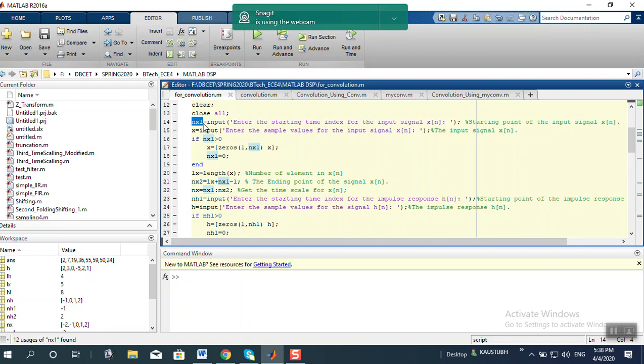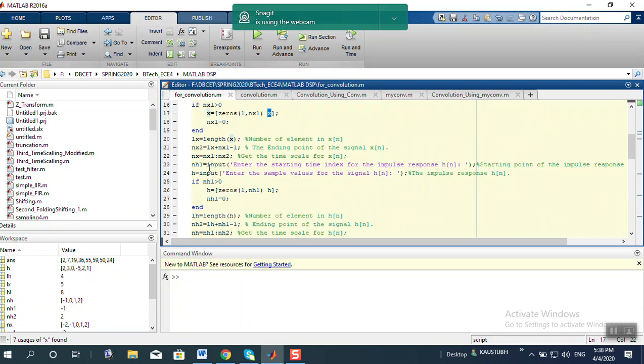So to make at least a reference point at 0, even though it is not negative, if nx1 is greater than 0, then I'll add that many zeros at the beginning. That means my signal will start from 0, but the values will be, suppose you have entered nx1 as 2, then at 0 it will be 0, at 1 it will be 0, and from 2 onwards the signal will be.